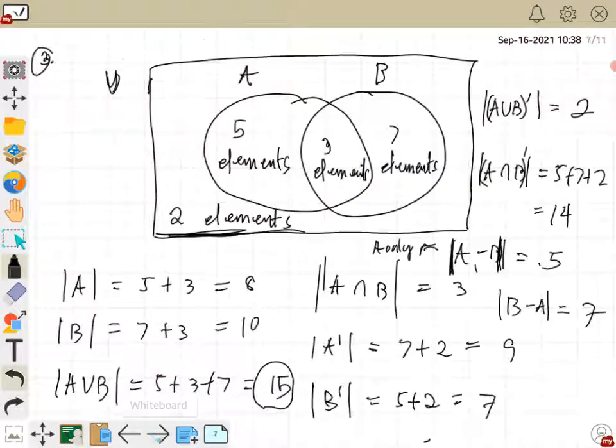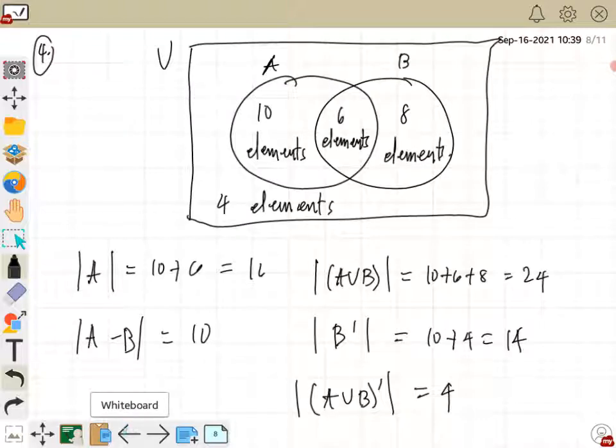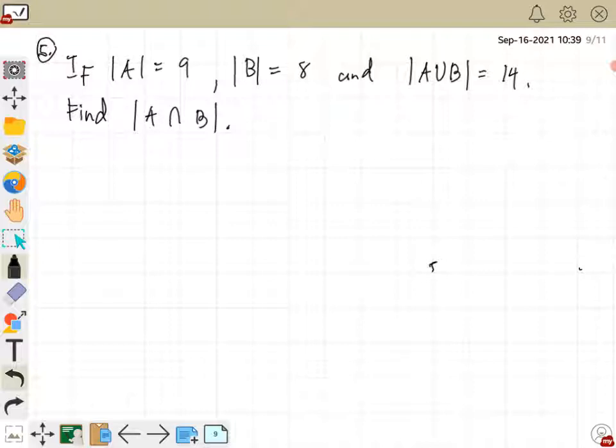Then I provided you with a lesser textual one, with the aid of a Venn diagram, for 3 and 4. But this time, let's make it a little bit more abstract. Of course, we can make use of a Venn diagram to visualize this problem. That's why I discussed to you 3 and 4, the relationship of these cardinalities and the Venn diagram, so that we will be able to answer 5 and 6.